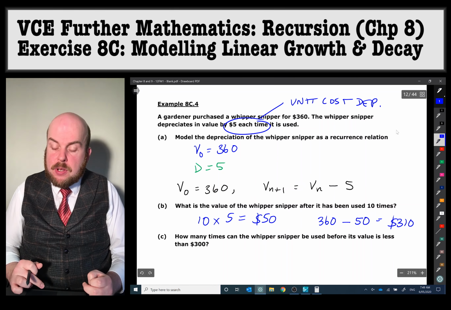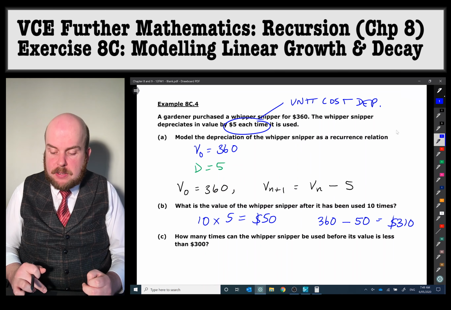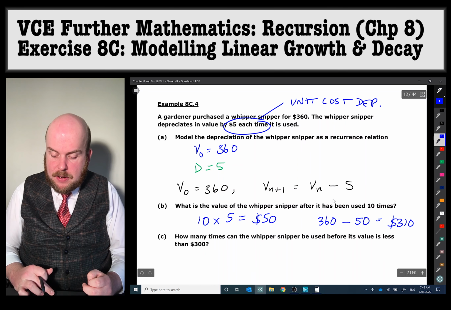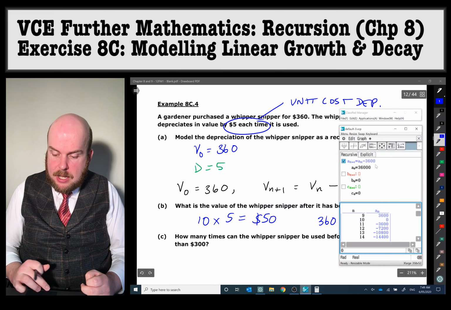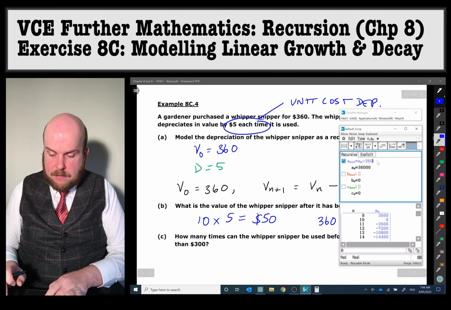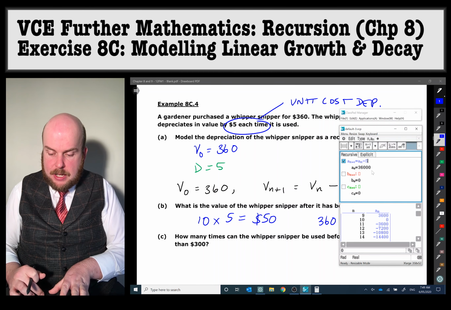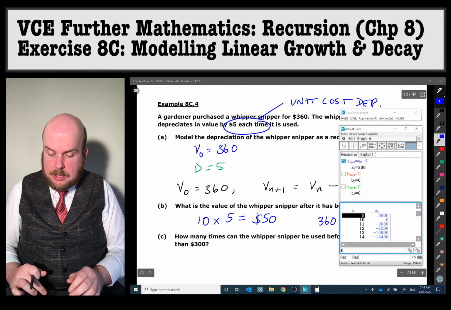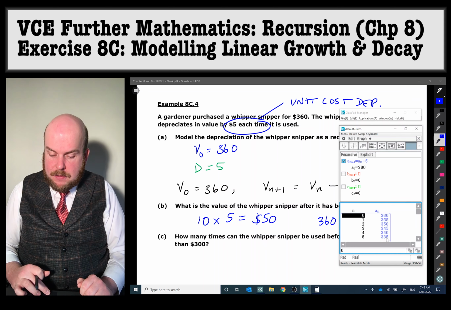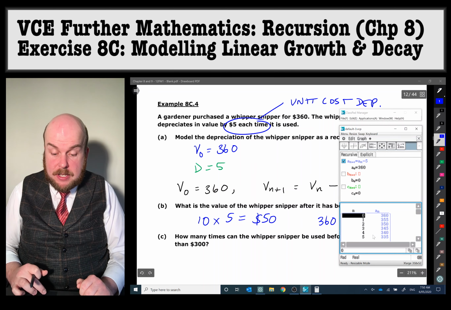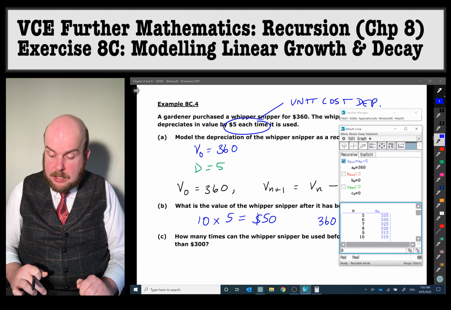Or again, I could use my sequence to identify that. If I went on to sequences and I took away 5, we started at 360, after 10 uses, there you go. So we're at 310.